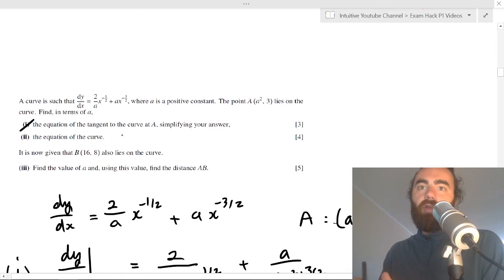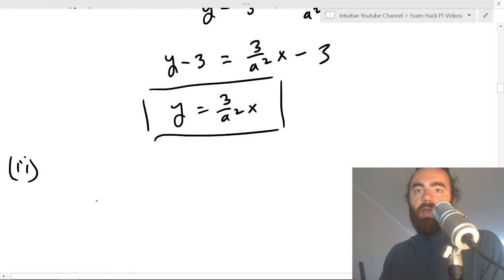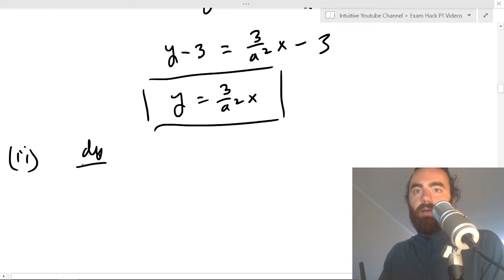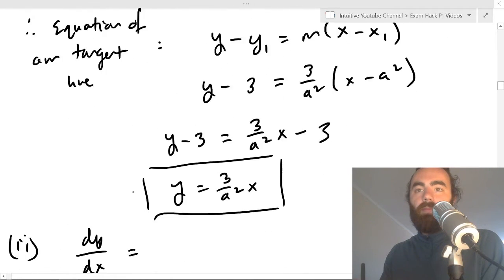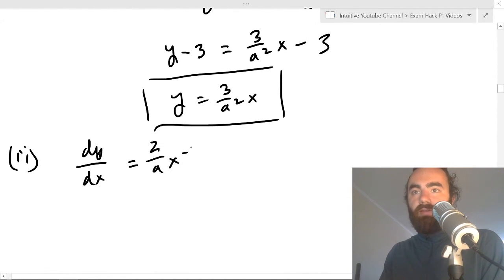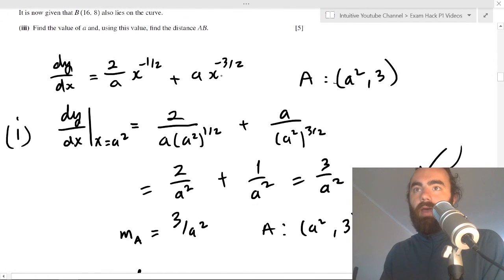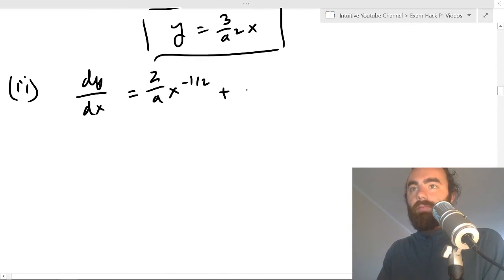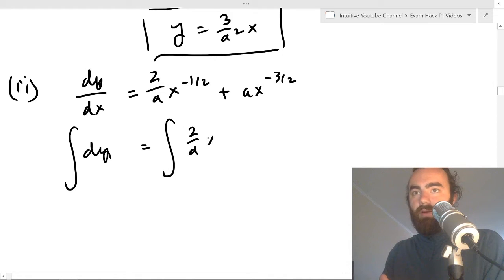So that part's done. Find the equation of the curve. Well, if we have dy/dx equals 2 over a times x to the negative half plus a x to the negative 3 over 2, we can integrate both sides, because we're trying to find the equation of the curve.